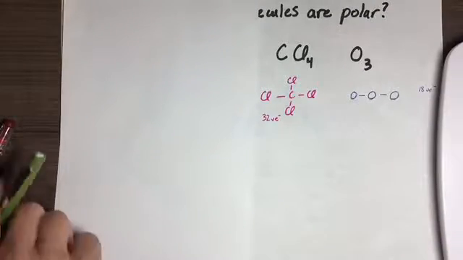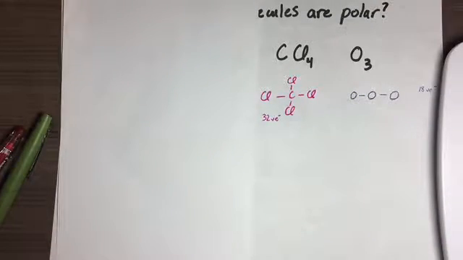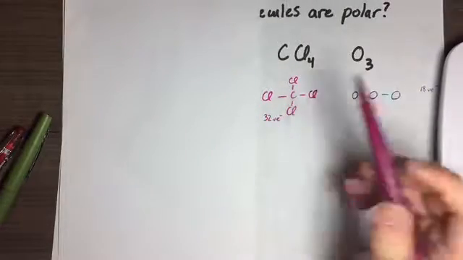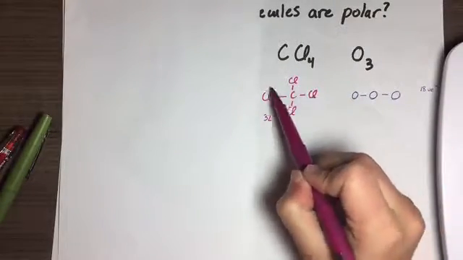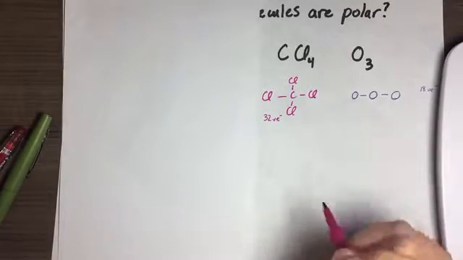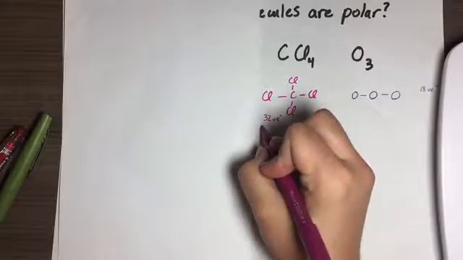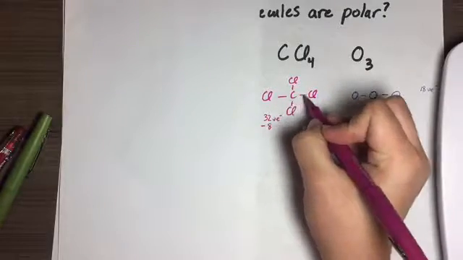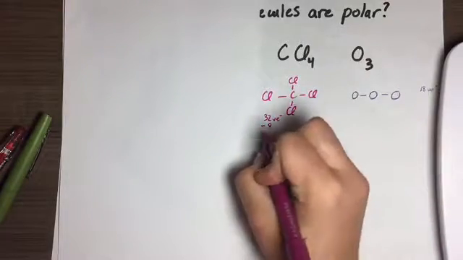All right, off to CCl4. So I have 32 valence electrons. We have 28 from all the chlorines and then 4 more from the carbon. So that makes it 32 valence electrons. We're going to subtract 8 because there's 2 for each bond.